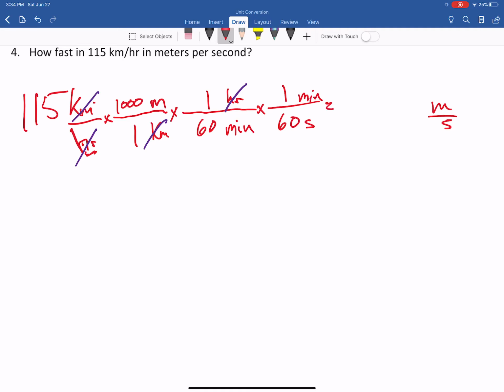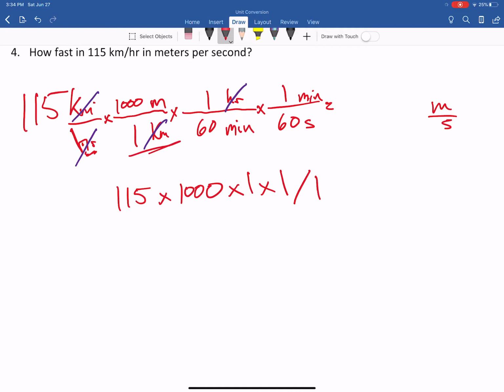So I'm going to write this down below because I run out of space. So everything on top, 115 times 1,000 times 1, which we know doesn't really matter. Okay? And then I can still, in one line of calculator, divide all my numbers that are on bottom. So I have divided by 1 for the kilometers.